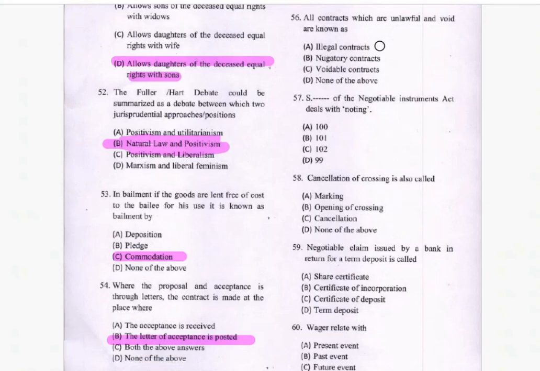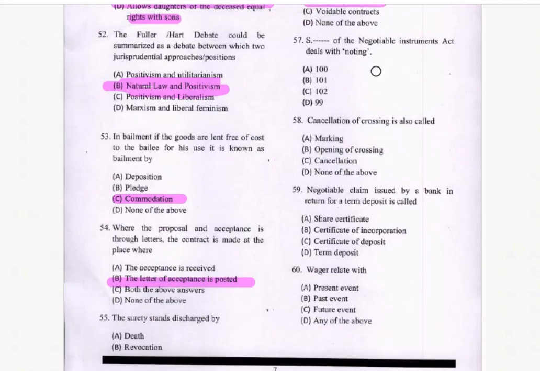All contracts which are unlawful and void are known as nugatory contracts. The section dash of the Negotiable Instruments Act deals with noting. The answer for 57 is 99.